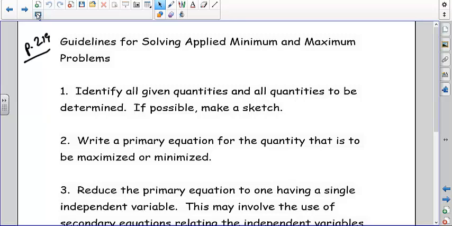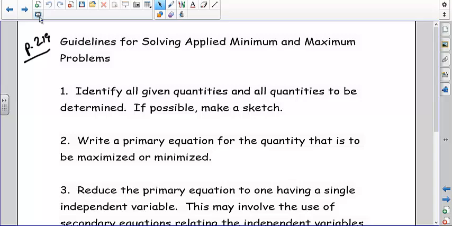But typically there's also a secondary equation, and we call that a constraint. So an equation for an area applies in general, but there may be specific restrictions on the dimensions, the sizes of the different dimensions. You may say it can't be bigger than this, or the sum of this plus the sum of that has to equal something.